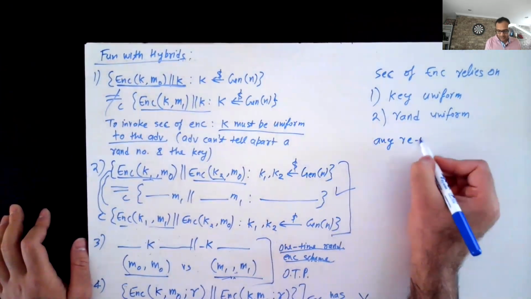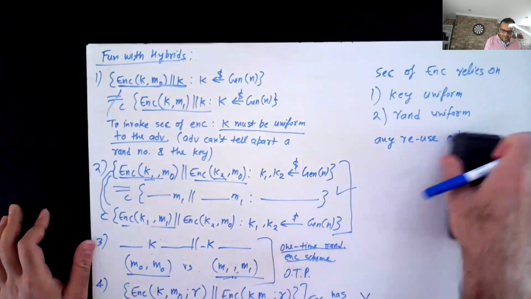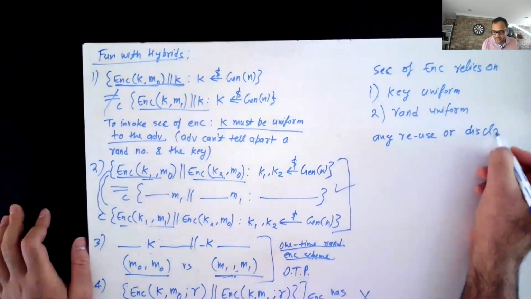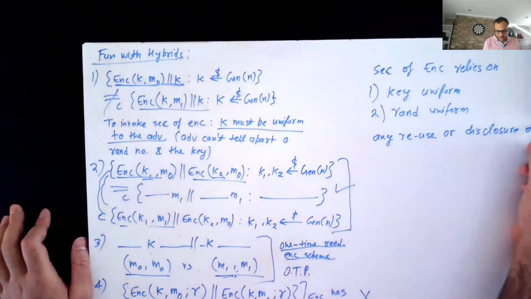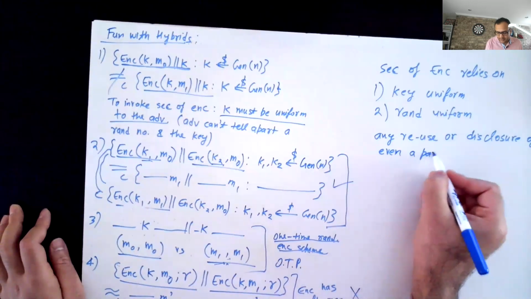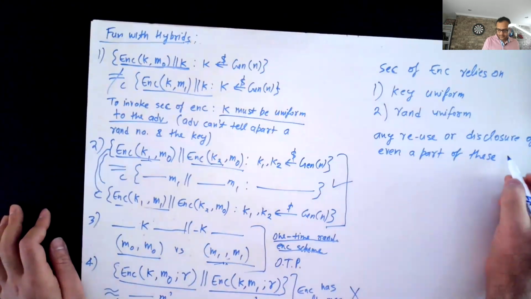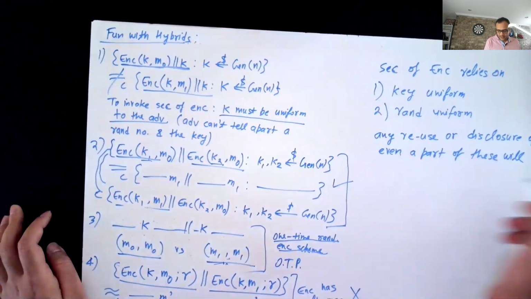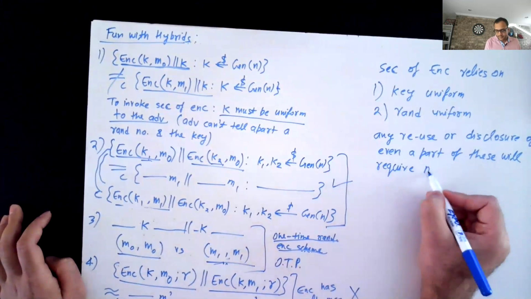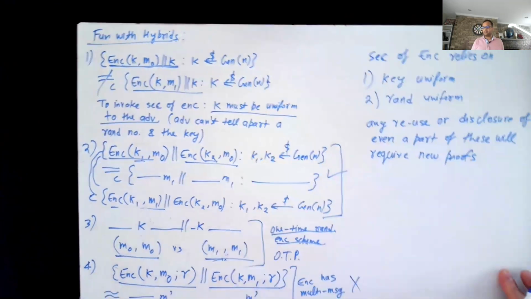Any reuse or disclosure of even a part of these things will require new proofs or new security arguments.